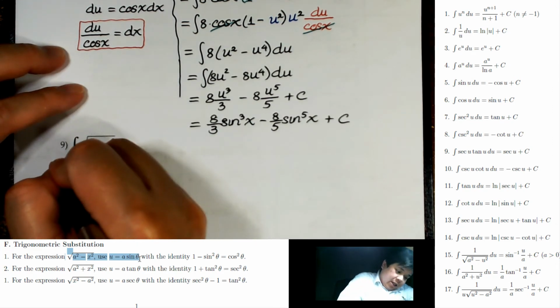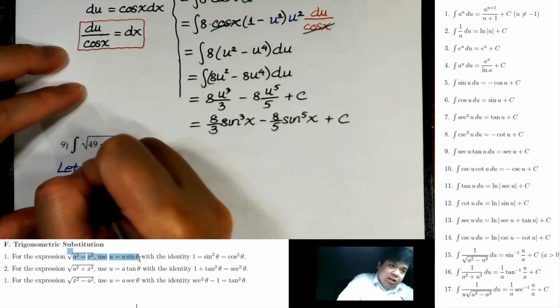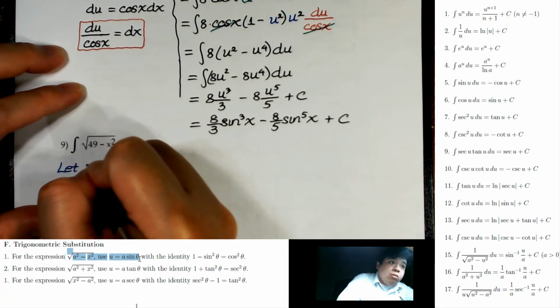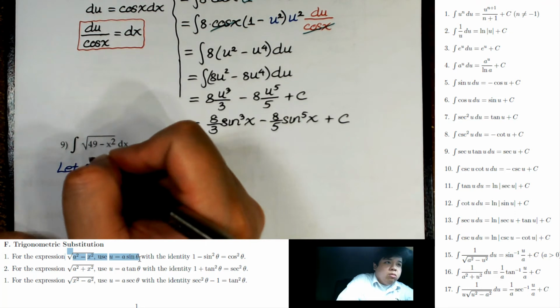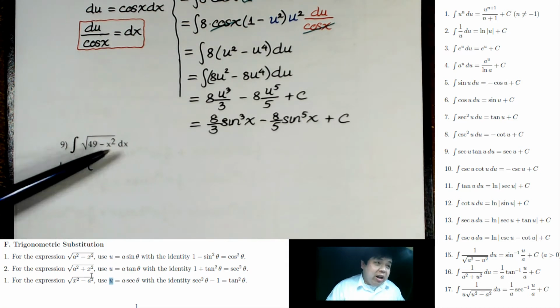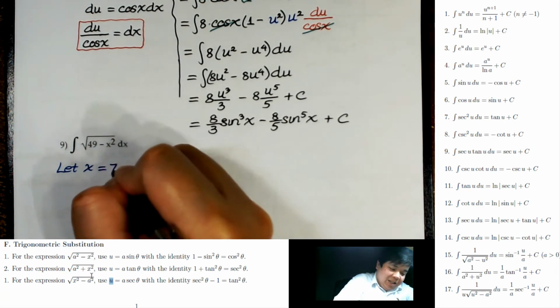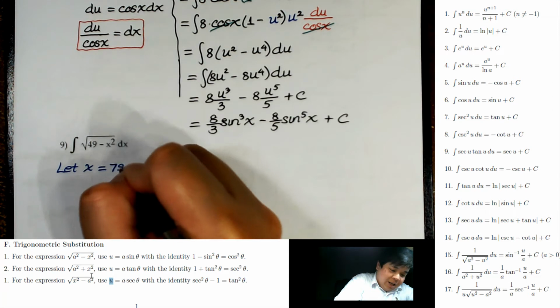Sorry, there's a typo here. This is supposed to be x. There's no u here, so this will be x. So in this case, we let x equal 7 sine theta.